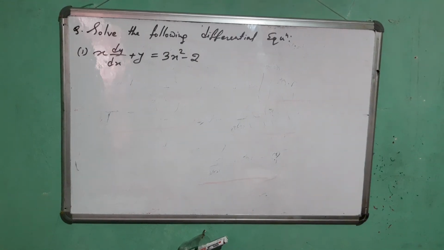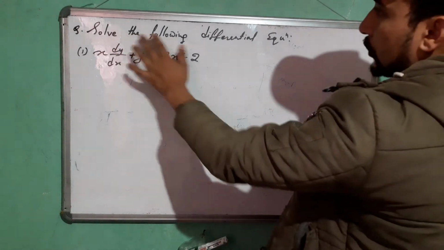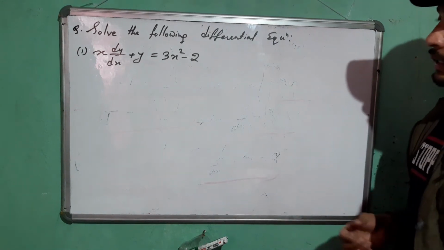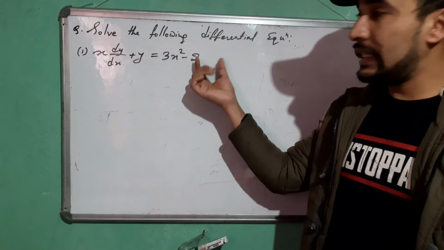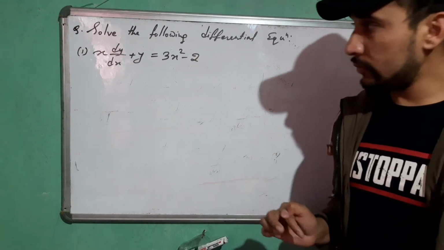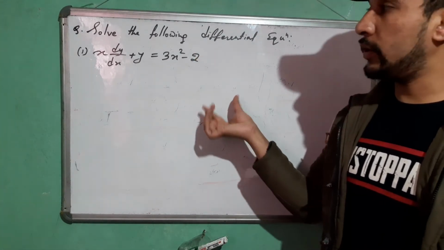Now let's proceed to the questions. See this question. Solve the following differential equation. In the question, you will not be given whether it is homogeneous, linear, variable separable or reducible to variable separable.